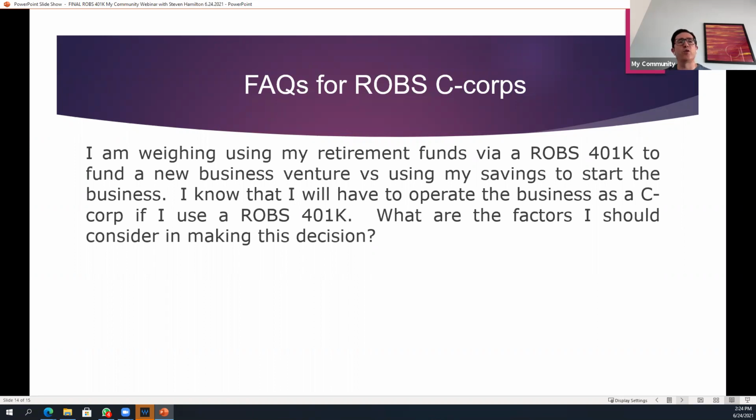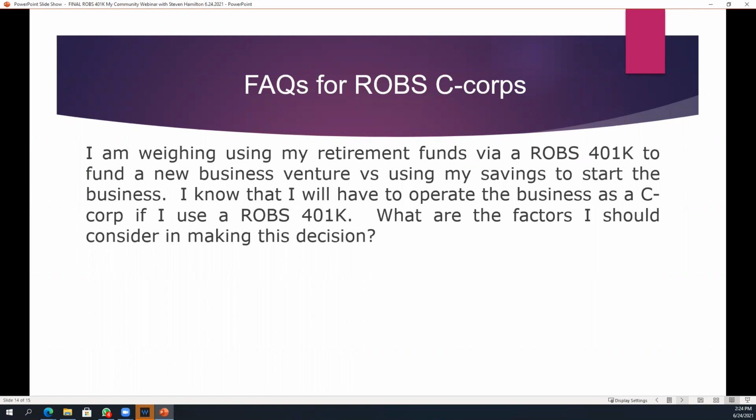So here, I think essentially the question is, C Corporation with a ROBS versus maybe S Corp if I use my savings. Well, that's actually a great comparison. There's no yes or no answer to this. It's going to depend on personal preference and analysis on whether or not you think certain things make sense.